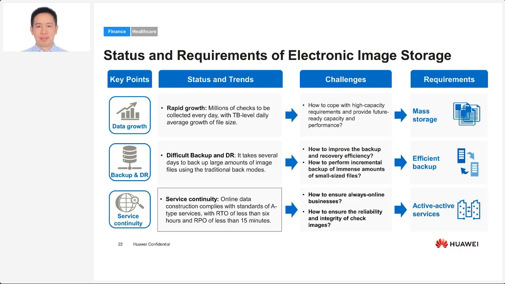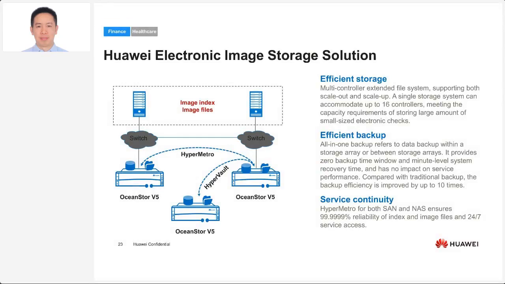So this comes with massive storage and efficient backup, and they also need active service to guarantee high availability and keep service continuity. Backup and DR, disaster recovery, is always challenging in the finance industry: how to improve backup and recovery efficiency, how to perform incremental backup, and how to manage the large amount of small files. This needs a very good solution to cover all those scenarios.